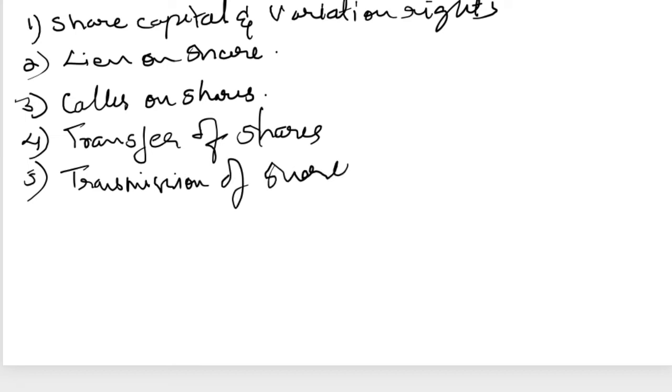There is a provision called transmission of shares. Transfer of shares can be done by shareholders through different means, like through brokers, or directly they can transfer the share ownership to some other person.